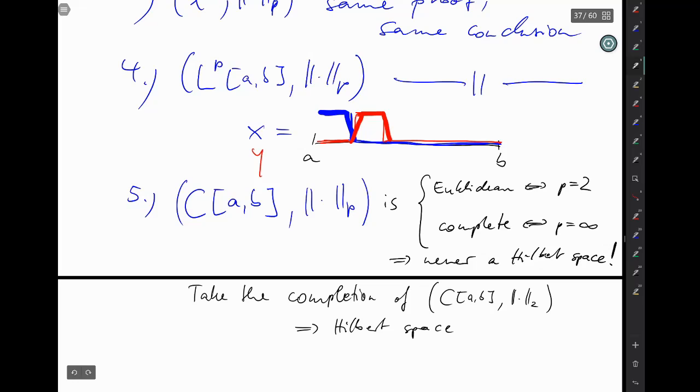And well, you'll be or be not surprised, the result is going to be just what we call L2 of ab with the 2 norm. So in order to make it complete with such a weak norm, you need to include so many new and discontinuous functions that you do not recognize the space anymore.